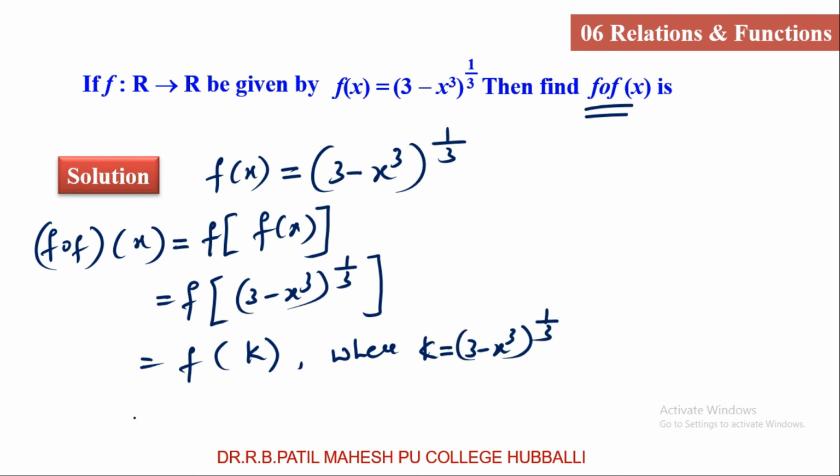Dear students, observe this carefully. This is your f of x. Now in place of x I will write k, because I want f of k. So 3 minus k cube to the power 1 by 3. I just replaced x with k.